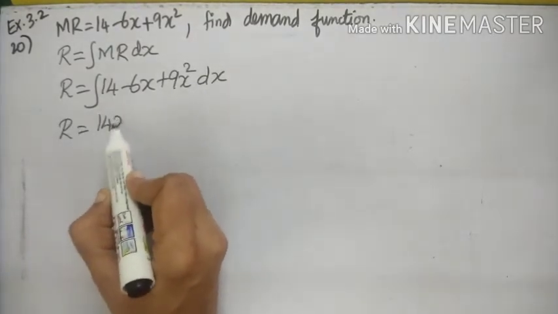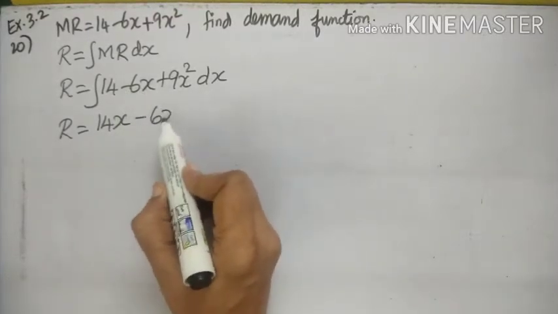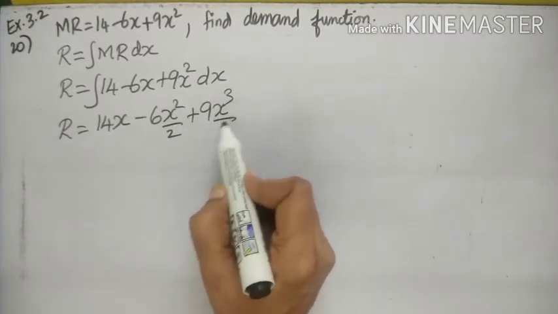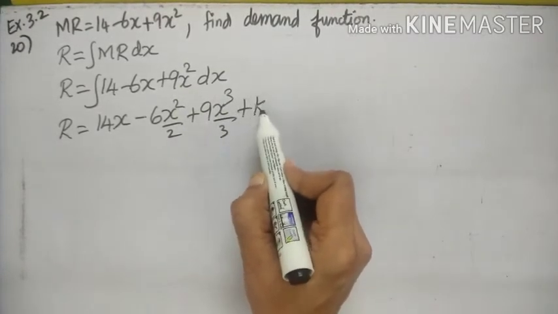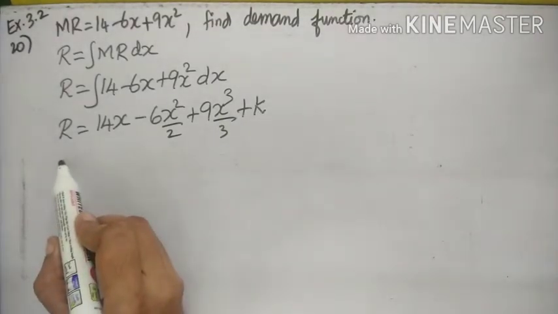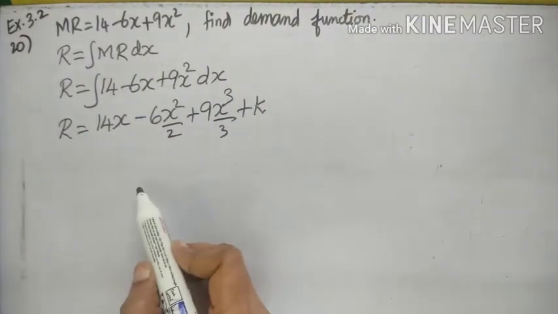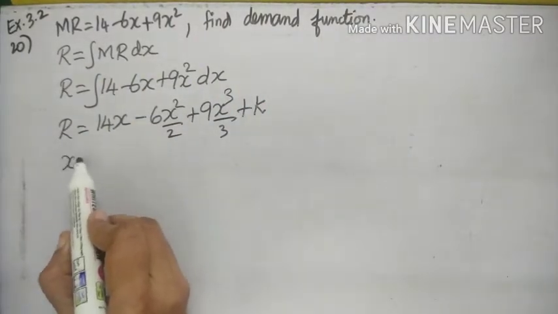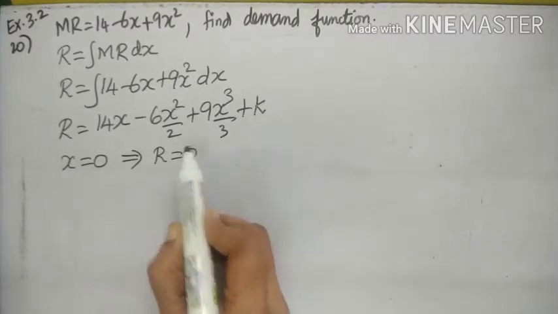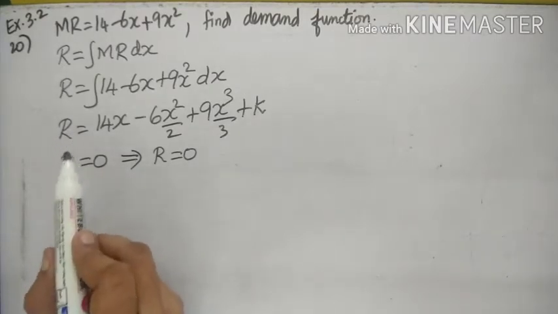Constant becomes constant into x. Minus 6 as it is, x becomes x square by 2, plus 9 x square becomes x cube by 3. Constant be k. They have not given any initial condition, means we will assume x is 0 implies R is 0 because R represents revenue, that is income.